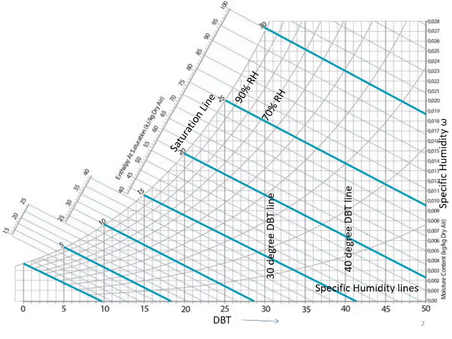Only two lines I have marked, 90% and 70% RH. At any point on those lines, the relative humidity is what is indicated on that line. For the 90% RH line, throughout that line, at any point, the RH is 90%.